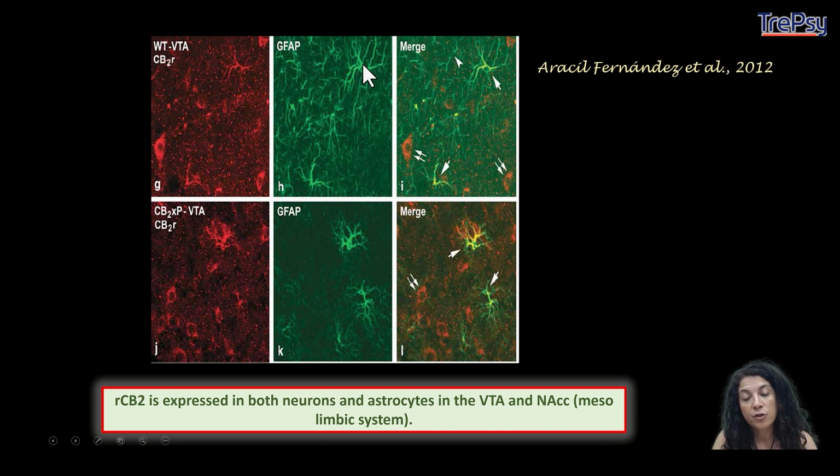It is able to label astroglial cells, and we can see the expression of CB2 receptor in the cytoplasm of the glial cell, both in VTA and nucleus accumbens. CB2 receptor is expressed in both neurons and astrocytes in the VTA and nucleus accumbens, mesolimbic system.